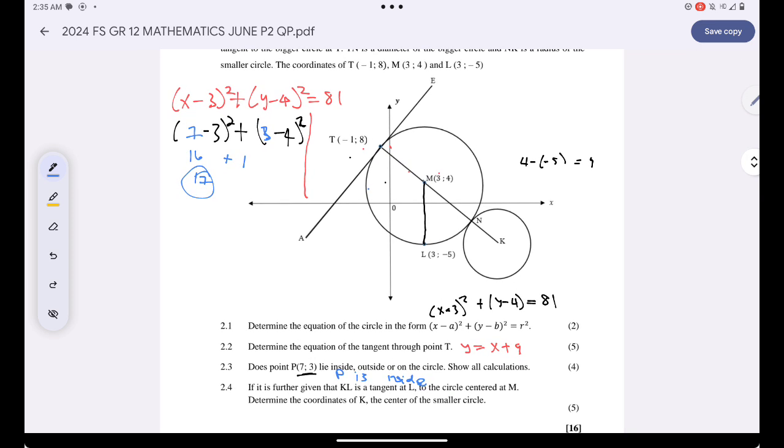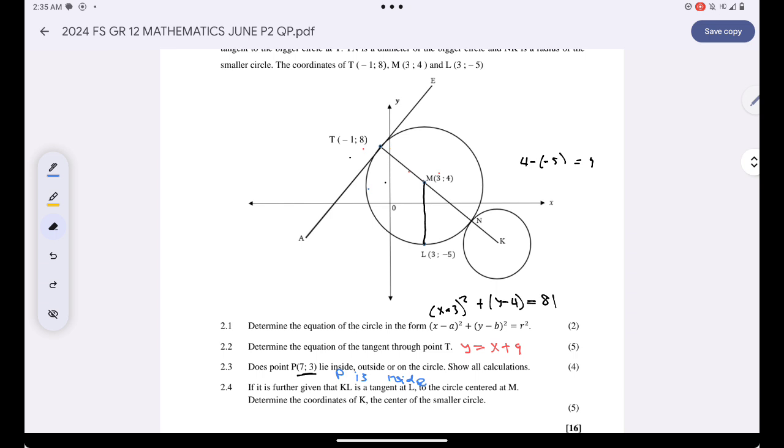Okay guys, let's just erase there to create room for us to write. If KL is a tangent like that, it simply means that the y coordinate of K is -5.